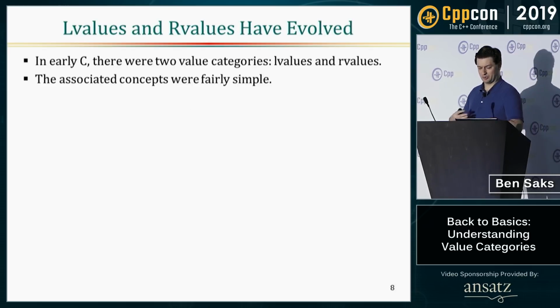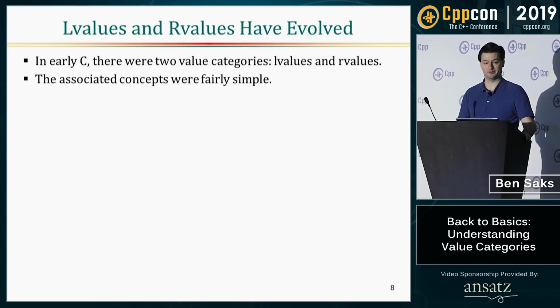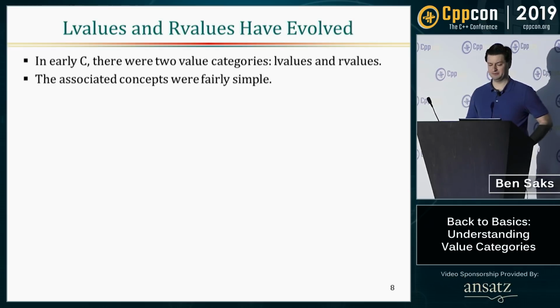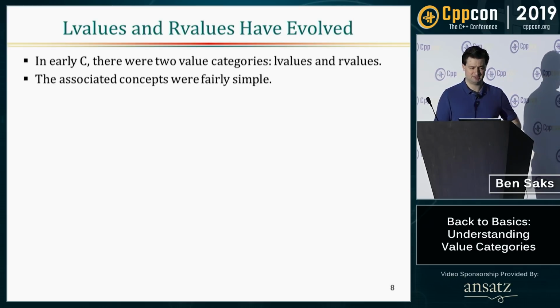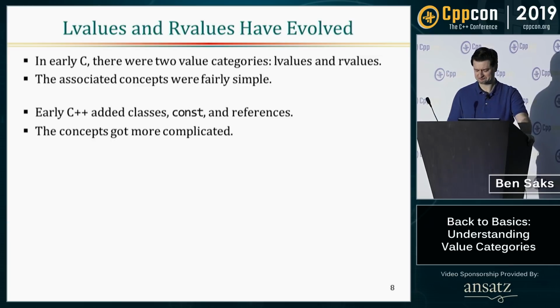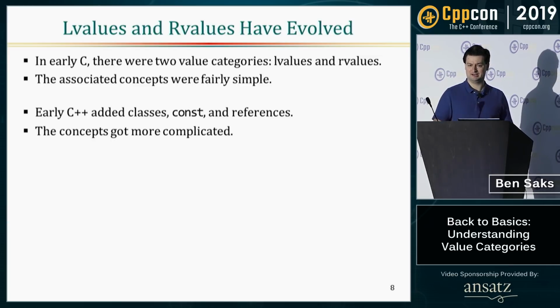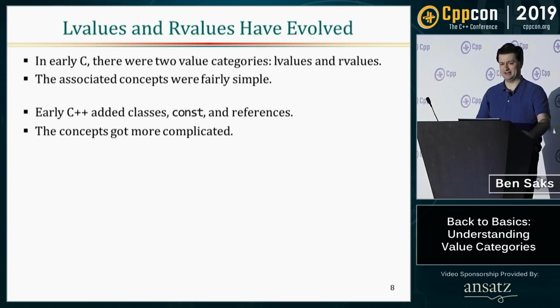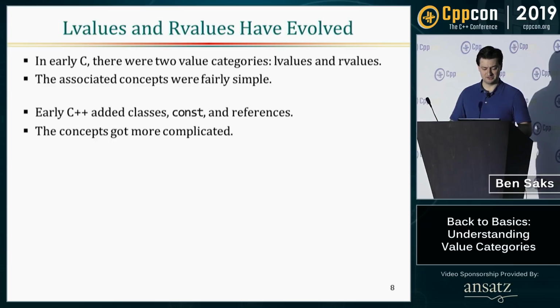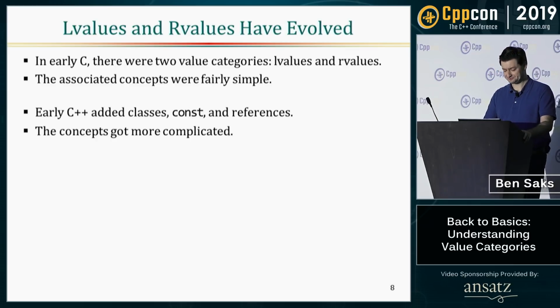Now, originally there were only two value categories, lvalues and rvalues. Back when they were first introduced in C, they were relatively straightforward and simple concepts. Then C++ came along. It added classes, const, references, and those concepts needed to evolve to handle the new possibilities that these new language features offered.